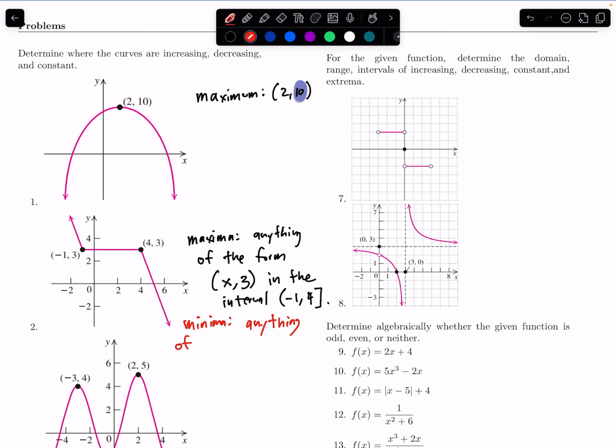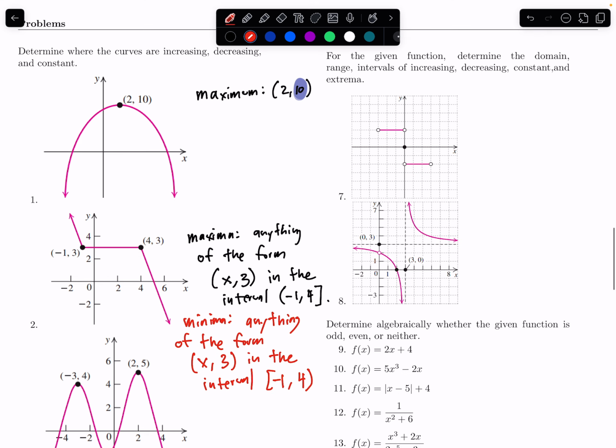Minima: anything of the form x, 3 again, but this time in the interval. So I want to include this point here this time, right? So -1, including the -1, all the way up until 4, but this time I don't want the 4.